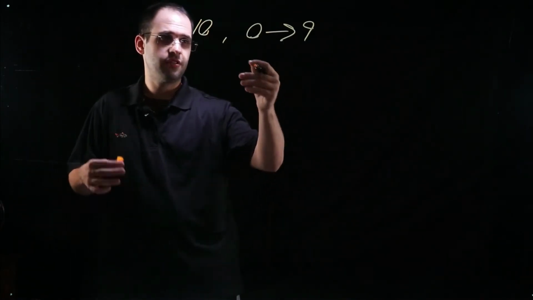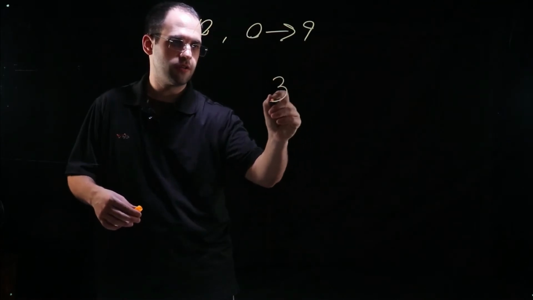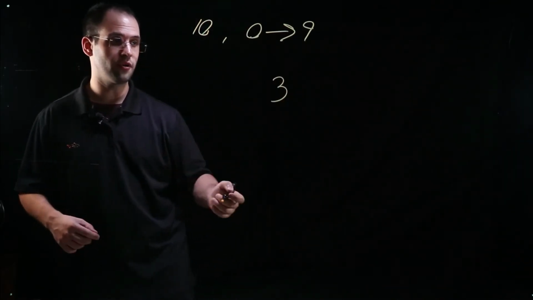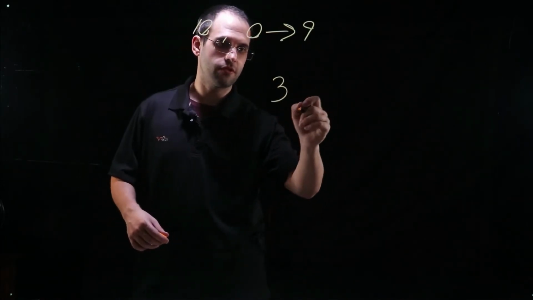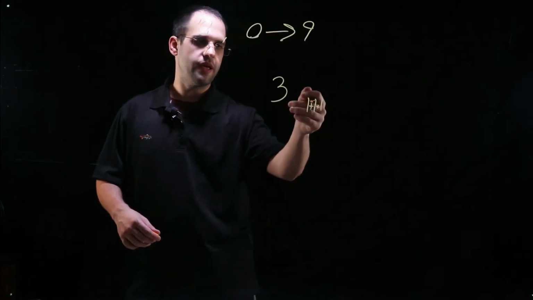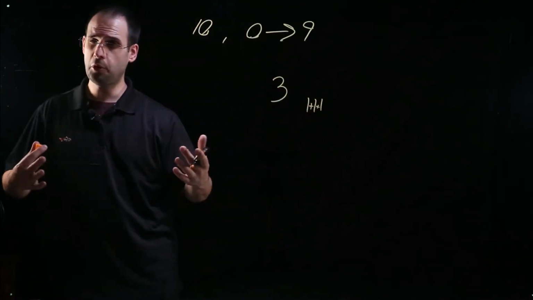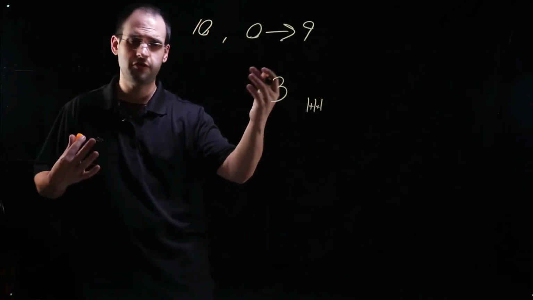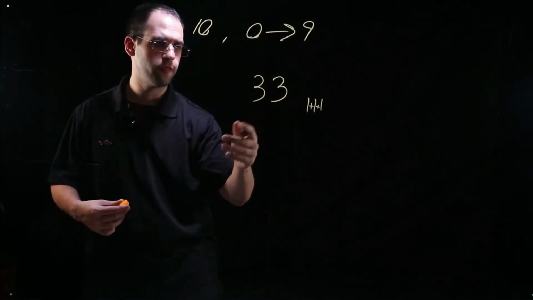So let's take one of these numbers and let's just say 3, right? 3 has the value of 3, or 3 ones. 1, 2, 3. And if we add these up together, we have 3. Pretty basic stuff here. So what happens if we add another number on here? 33.